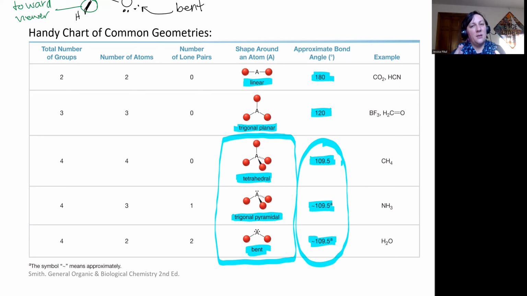And we have approximates on this because for any set of atoms bonding together, you'd want to look at that specifically and see for that molecule what the exact bond angle is. There's always variation. And so you can have this chart handy to get the names of it, but we should start getting practice with thinking through the shapes without this, just based on the number of groups that are around it in the structure. And this will be really helpful as we start thinking about molecular polarity next.